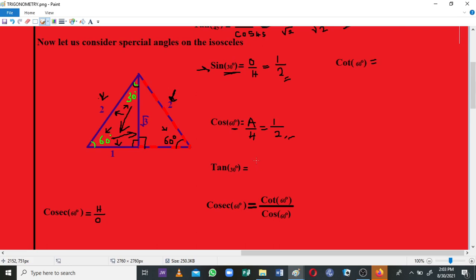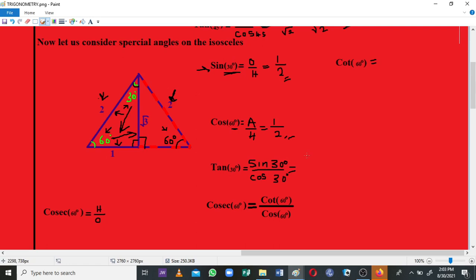Now we come to tangent, that is tangent 30. We know that tangent is equal to sine 30 over cos 30. Now what are we getting here?